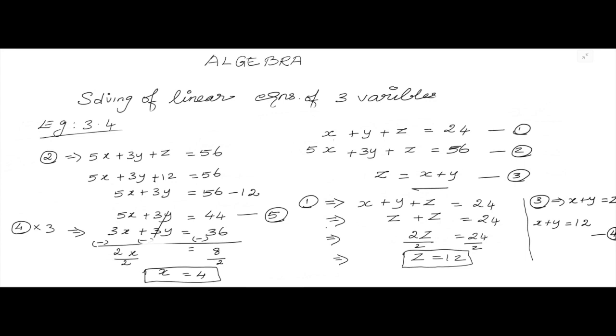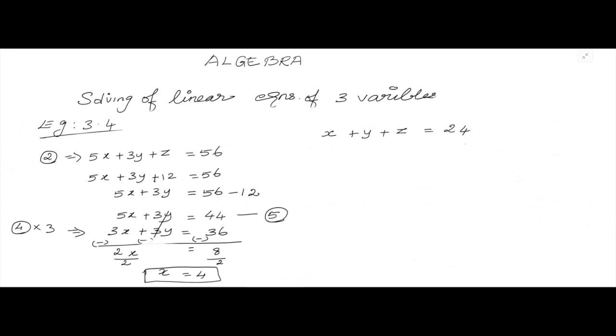So now we have found, already we have found z is equal to 12 and x is equal to 4. Now we have to find y. So shall we take equation number 1? So I'll clean off other things. So now I'm going to continue with the first equation. I'm going to substitute. What is your x?